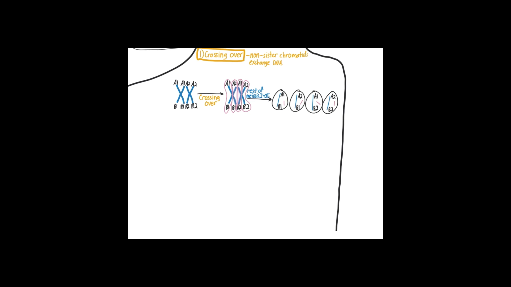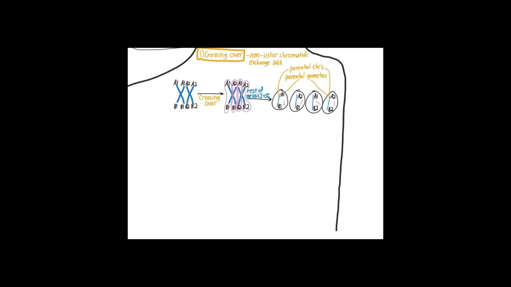In this example, the two chromatids that did not cross over still have the same alleles. One has A1 and B1, and the other has A2 and B2. These chromosomes are called parental chromosomes because they have the same alleles as the parent cell. The haploid cells that inherit these chromosomes are called parental gametes, if they are in fact gametes.